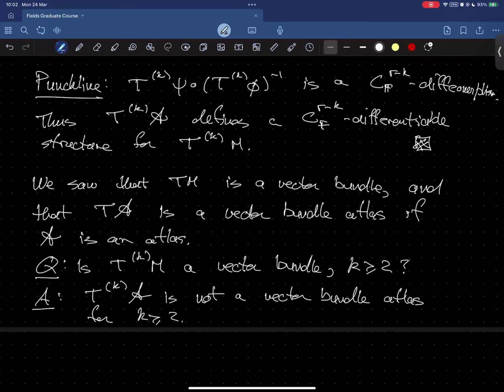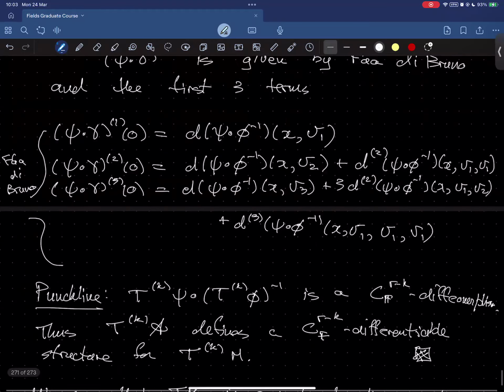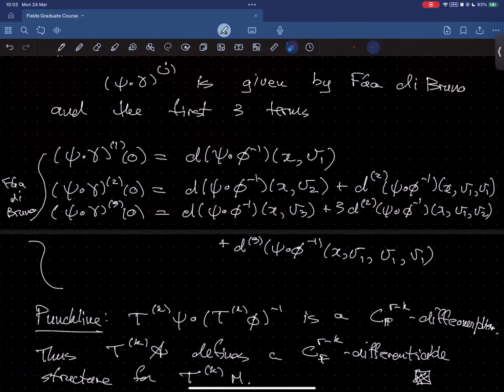So why is this not a vector bundle atlas? Well, we've seen that already. If M is a zero-dimensional manifold, then I suppose it is a vector bundle, but that's not very interesting. So there are some degenerate cases I'm omitting here. But we can see why this atlas, T^k A, is not a vector bundle atlas.